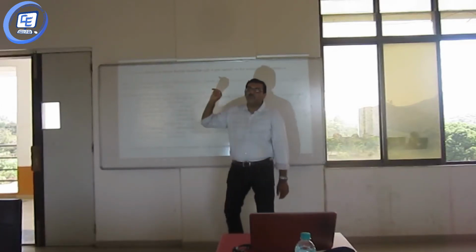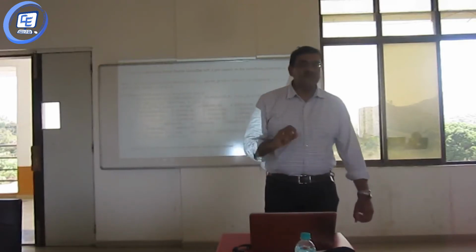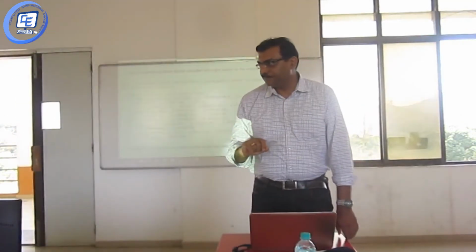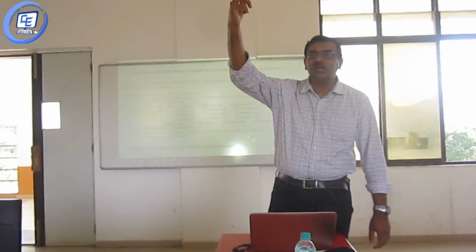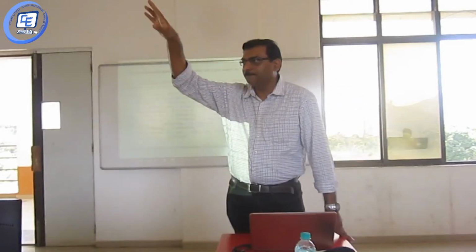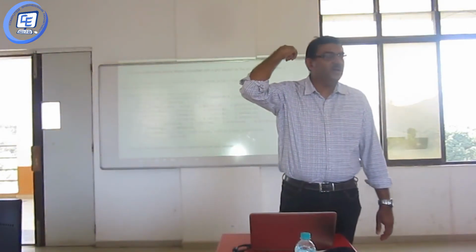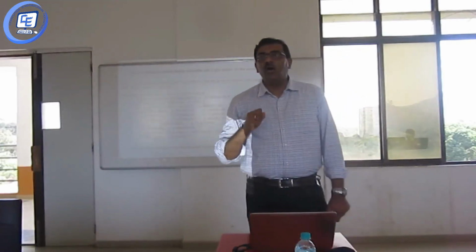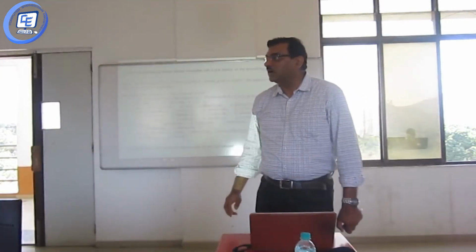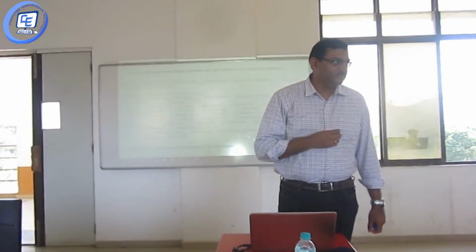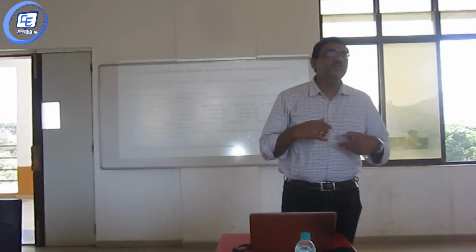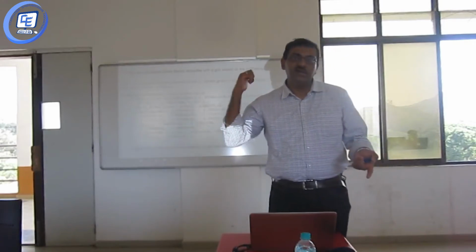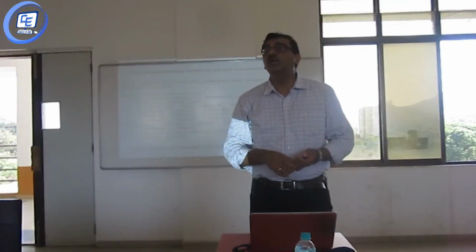Now, this classifier has a parameter known as alpha. Just like in logistic regression, we had a parameter theta, this Bernoulli naive Bayes classifier has a parameter called alpha. So I want to find that value of alpha which will give me the best result. So I am specifying in the syntax the possible values of alpha.